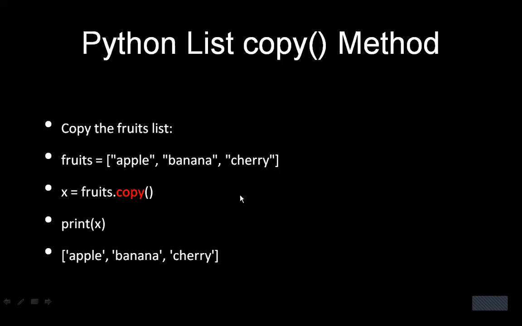Now next we will be looking into the copy method. So what do you mean by the copy method? What is the use of the copy method? Probably you have heard this word, and whenever exams are there, some of the students try to copy from their neighboring friend.